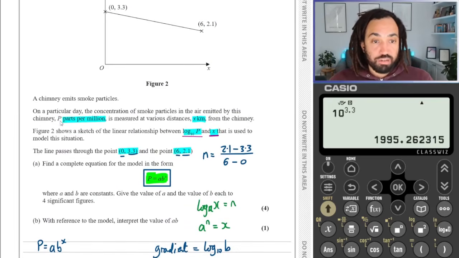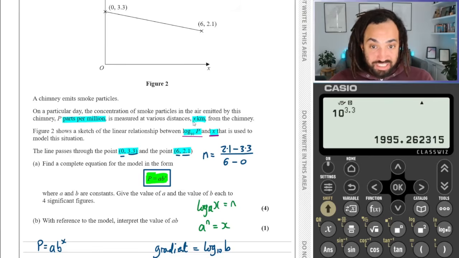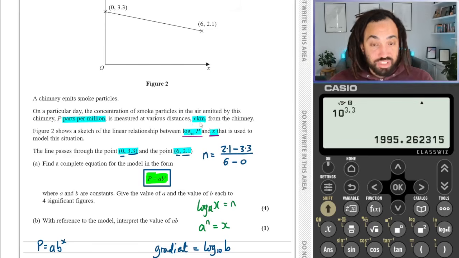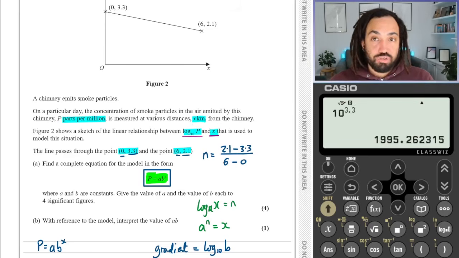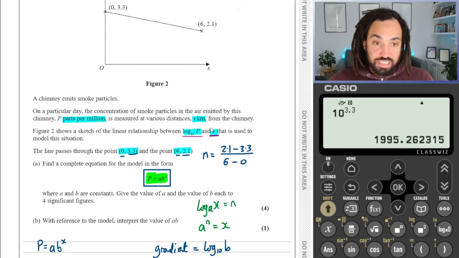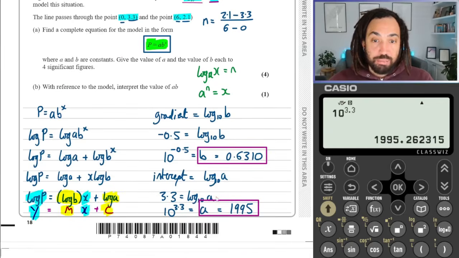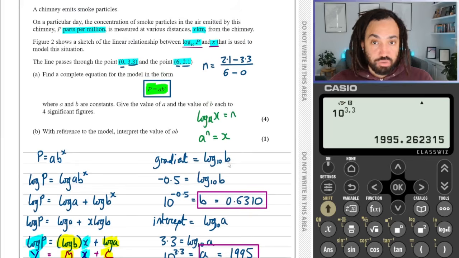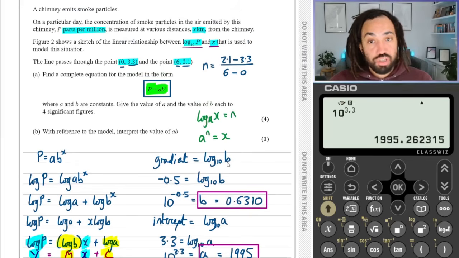What we're talking about is smoke particles per million, and then X is the distance from the chimney. So the A value is the initial amount of smoke particles when you are literally 0 kilometers away from the chimney.